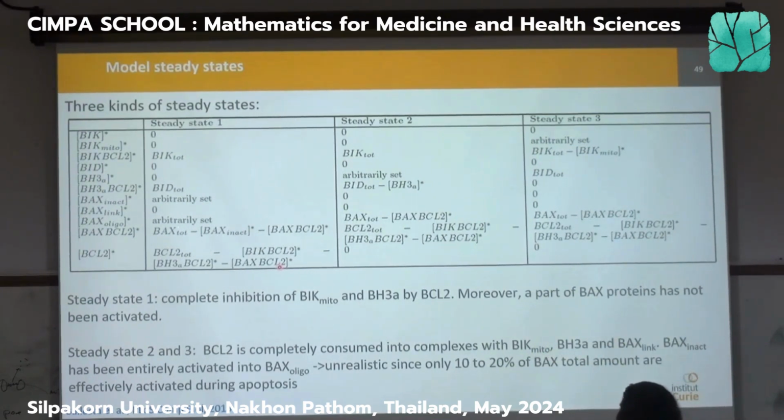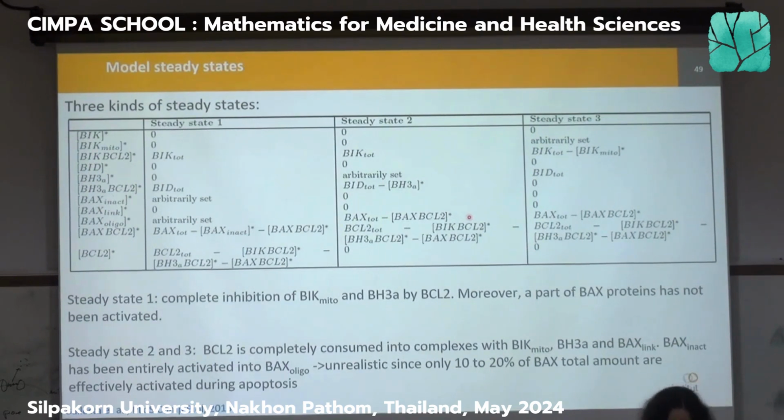As you can see, Bax oligo here: basically, Bax total is going either as Bax oligo or as Bax-BCL2, and this is something that's not realistic, because we know that when the cell dies, there is still plenty of Bax inactive.